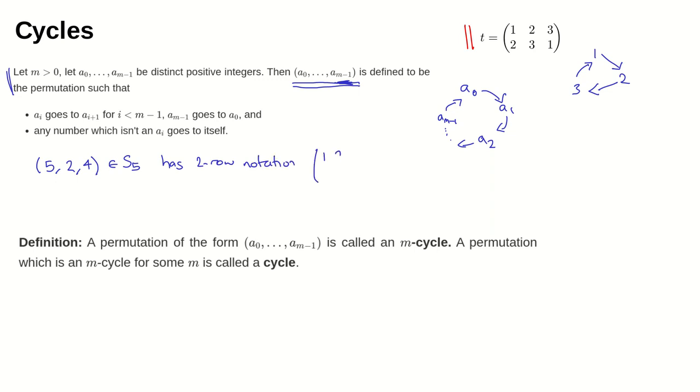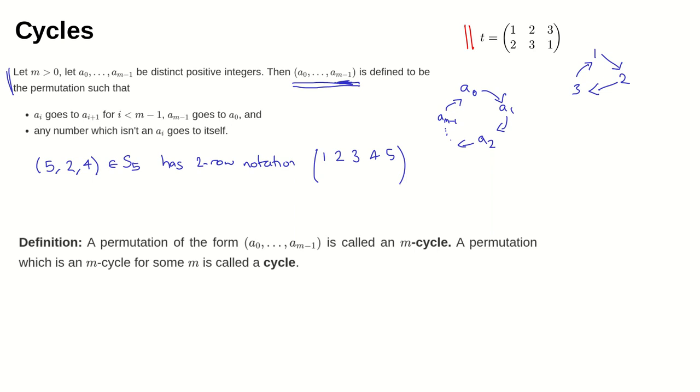So on the top row I have to have 1, 2, 3, 4, 5, since I'm thinking of this as a permutation in S5. And we then have to think, what does the definition say? Well, the definition says that a_0 goes to a_1, a_1 goes to a_2, and so on until you reach the end of the cycle when you go back to the start.